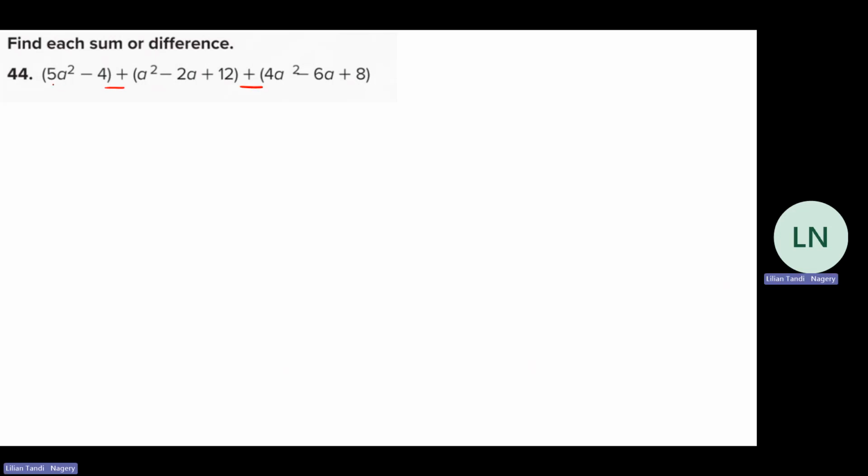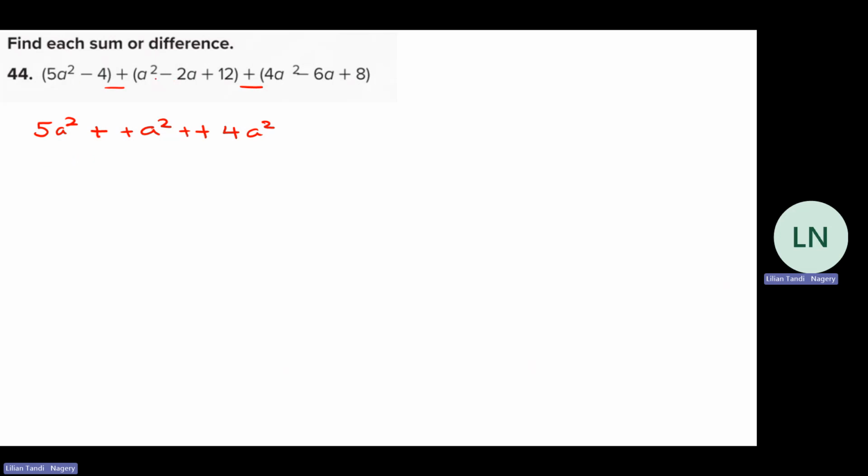What am I adding? I will do the a squared first, then the a's, and then the constants. So 5a squared plus positive a squared plus positive 4a squared. And remember, the sign in front of your number is important.